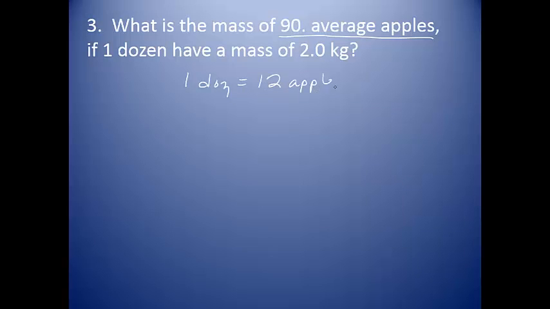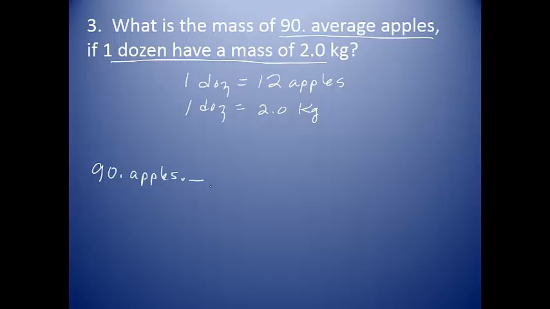We just know we have 90, so we have to convert that into dozens. And then we know that for every 1 dozen apples, we have a mass of 2.0 kilograms. So a dozen is also equal to a certain amount of mass. And we're going to be using these conversions to take our 90 apples and get it to mass.